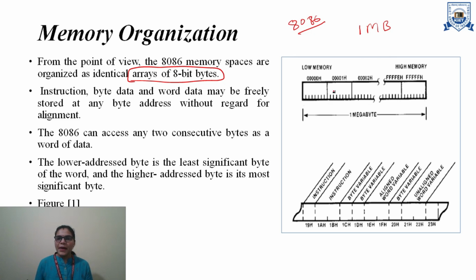In memory, we can store instruction, byte data, and word data. Byte data is 1 byte of data. As 8086 microprocessor is a 16-bit processor, the word length is 16-bit, so a word will have 2 bytes of data. And instruction, byte data, and word data can be stored anywhere in the memory.